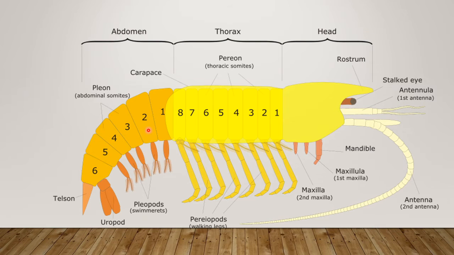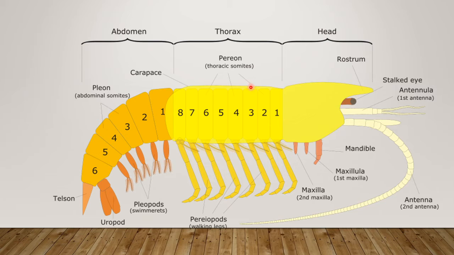So this is a diagram which is clearly explaining the external morphology of prawn. Here you can see the head region. Although the segments are not shown, but as I told you earlier, it is made up of 5 segments. Then the thorax, which is made up of 8 segments. These 8 segments are called thoracic somites or pereions.